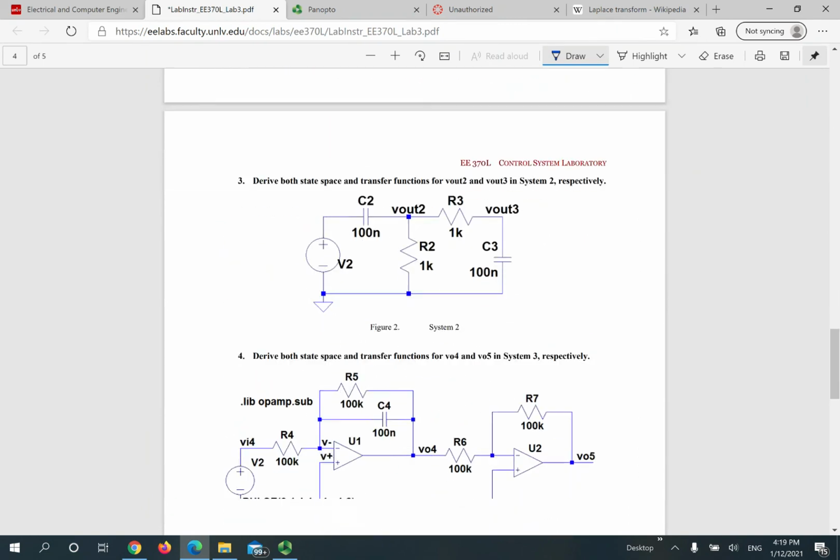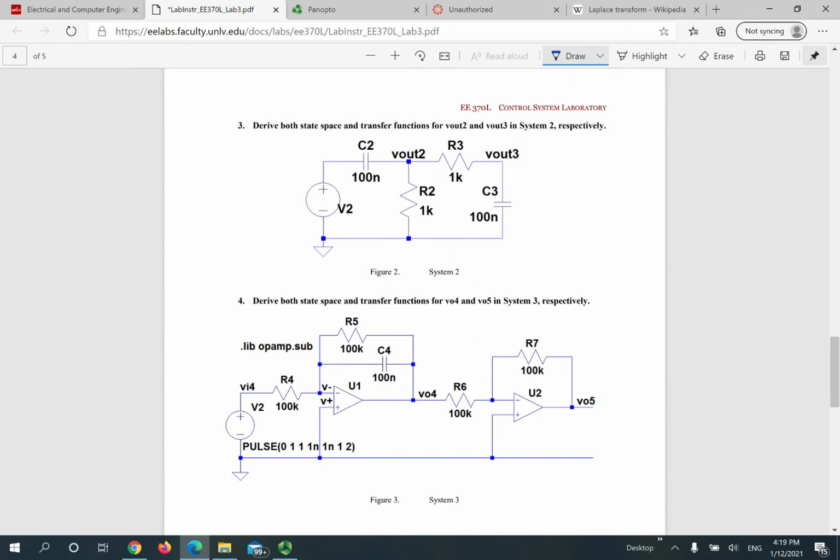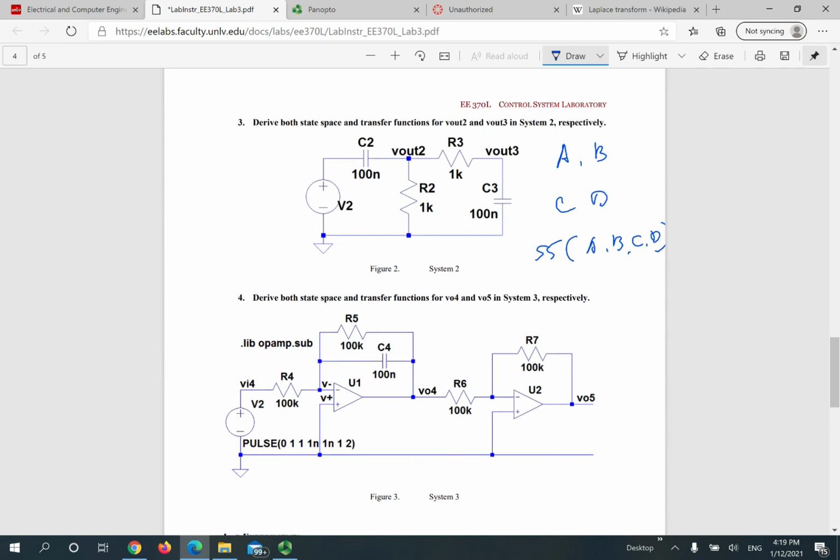The next two are the other two examples you need to practice. First of all, you need to derive the state space model for both circuits, or systems, system 2 and system 3. You need to calculate A, B, C, and D by hand, and use MATLAB to build the state space model ss(A, B, C, D) for each of these two systems respectively.